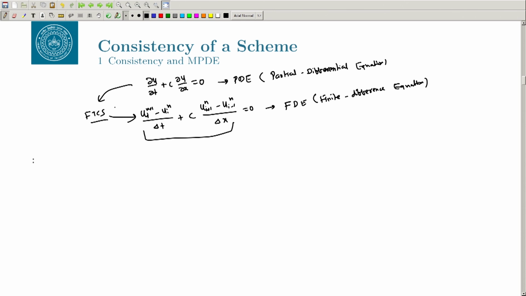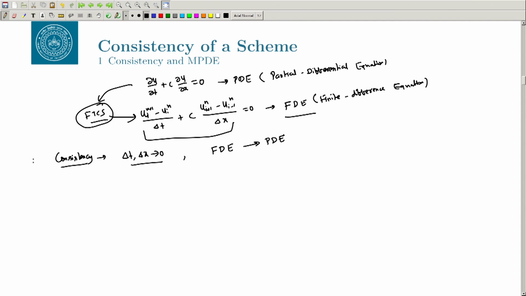We apply the FTCS numerical scheme to the PDE that we want to solve, and what we get is a finite difference equation. So, the consistency of the scheme says that as delta t and delta x go to 0, your finite difference equation should lead to the partial differential equation.